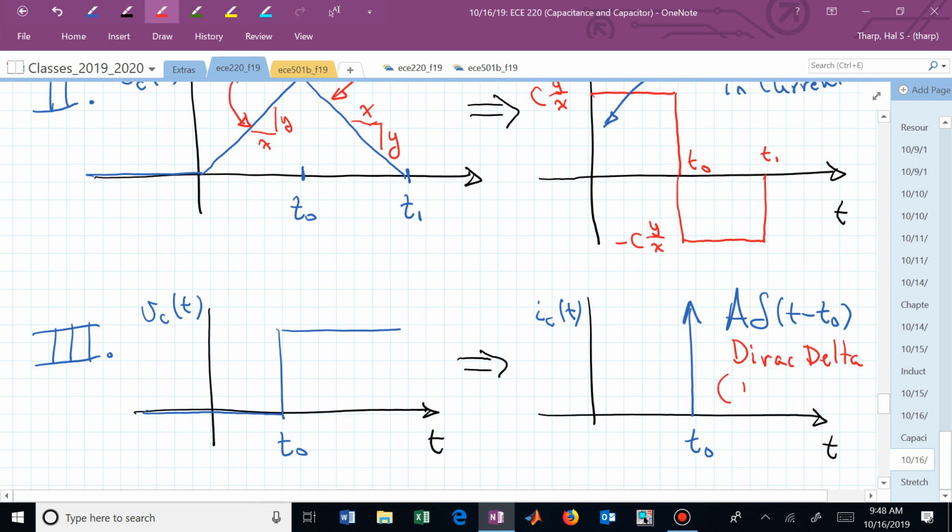Or somebody might just call that the impulse. We're assuming the area under that impulse is A, and that's going to depend on C and this step change in voltage.